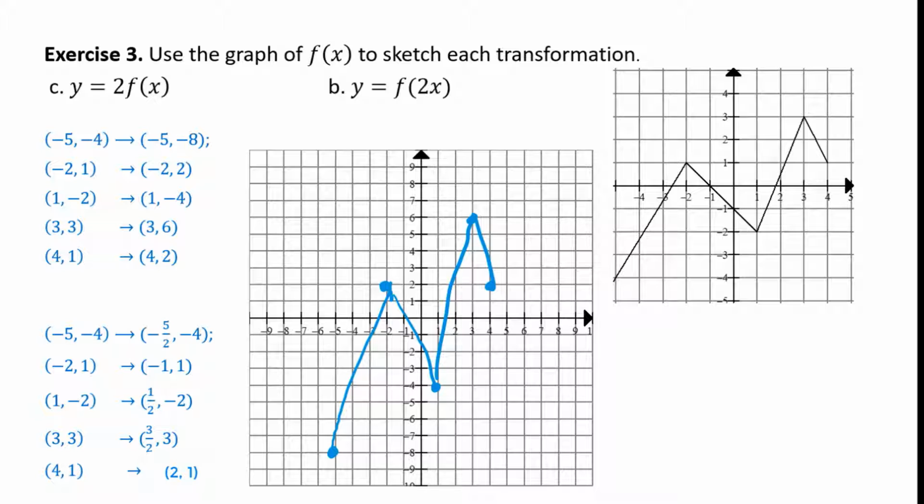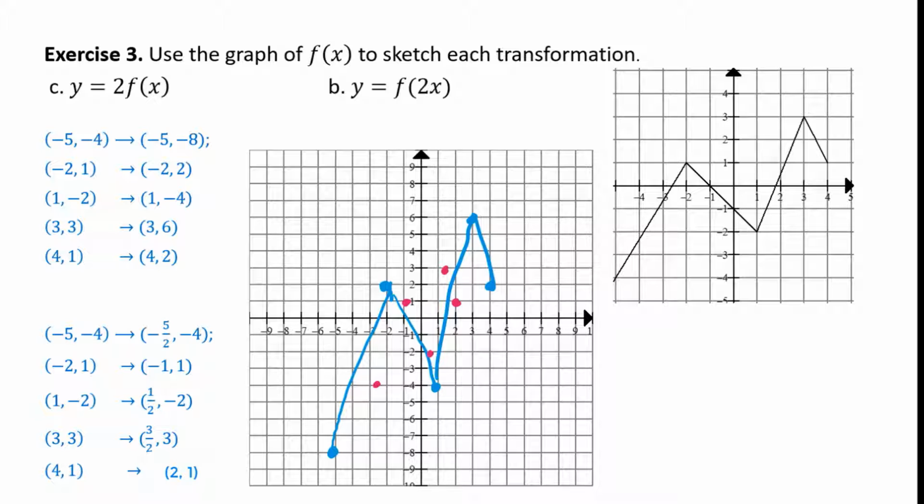So we'll go to negative 5 halves, which is 2.5, right? So we'll go negative 2.5 down, negative 4. Negative 1, up 1, 1/2, down 2. 3 halves is 1.5, so we'll go 1.5 over, and then up 3, and finally we go to 2, 1.